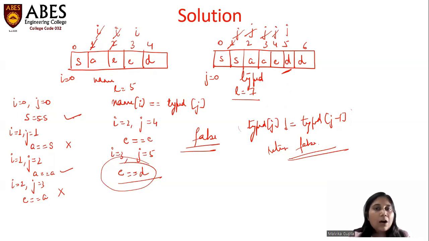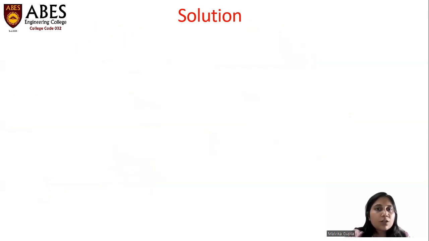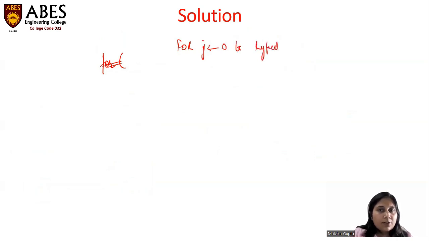So if I try to make this solution properly, I can write it like this. Suppose I am writing a loop for j, starting from 0 to type dot length, which I told you earlier because this is the longer one, and it will keep on going step by step.